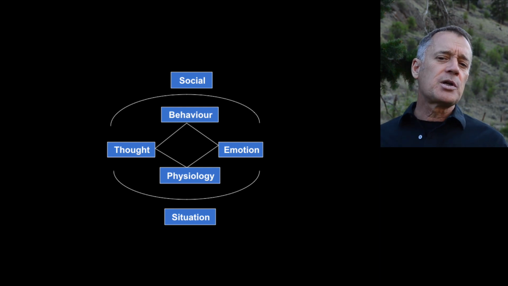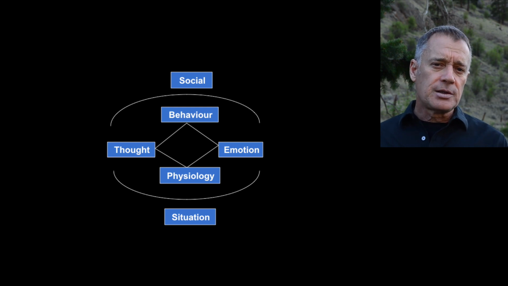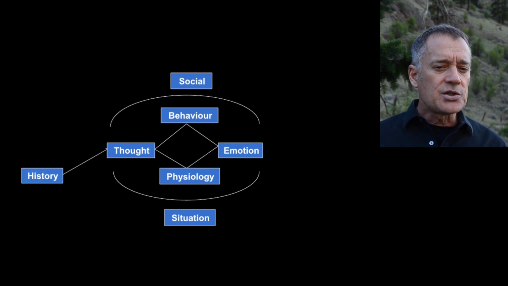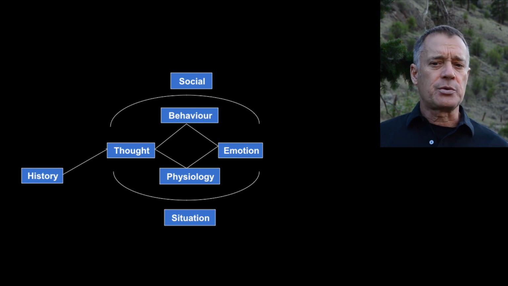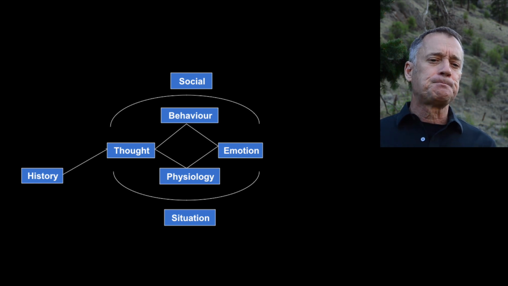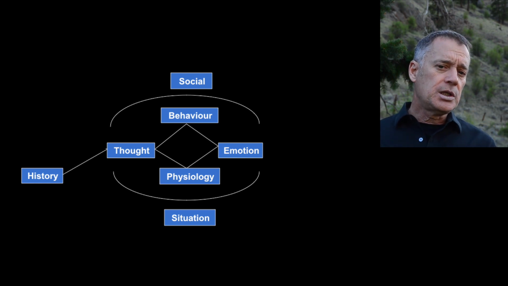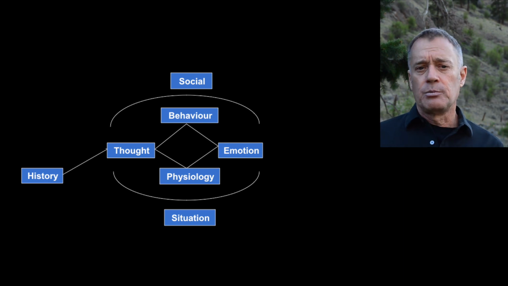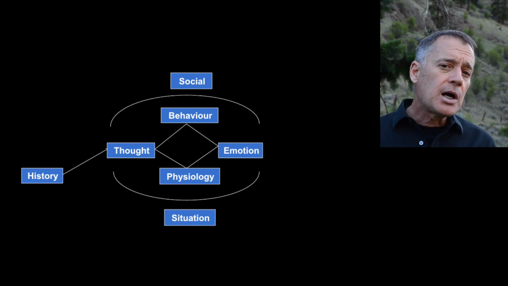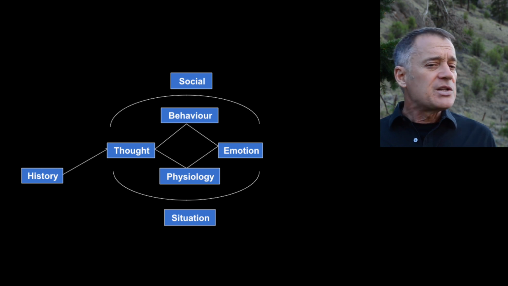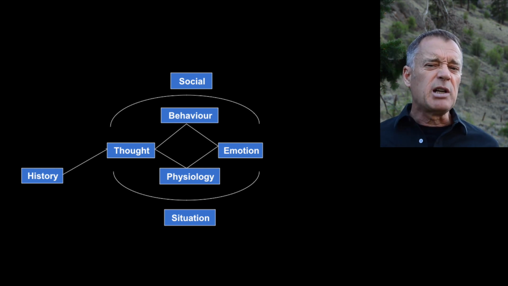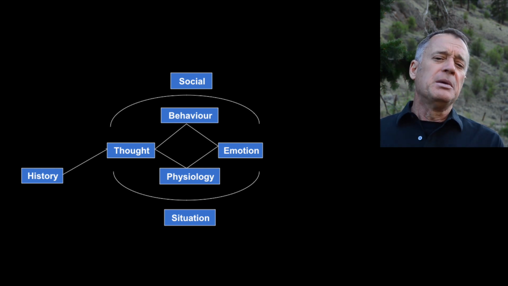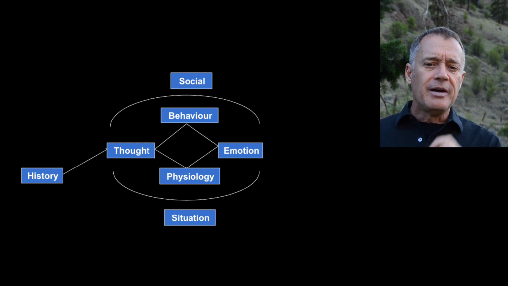Now, so far we've been talking about the person in the present, but everybody with depression has a history, and aspects of that history can contribute to the problem. That assault when they were 14, the death of their parent when they were 7, the year they spent in hospital when they were 20. These aren't things we might think of as being pretty current, and we might not know about them if all we ask about is what's going on right now.